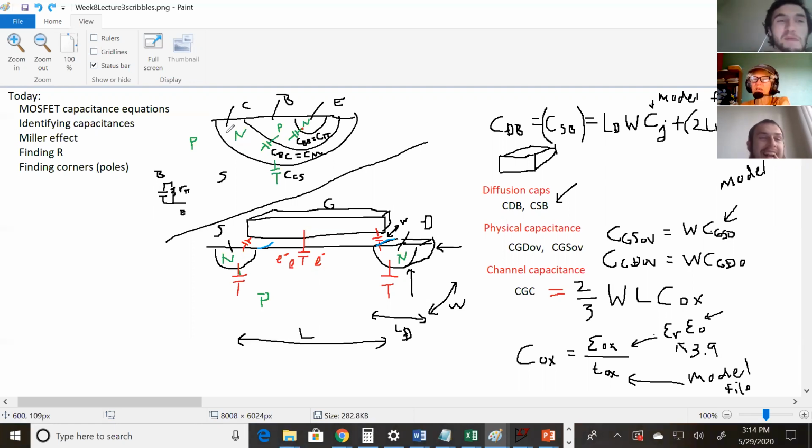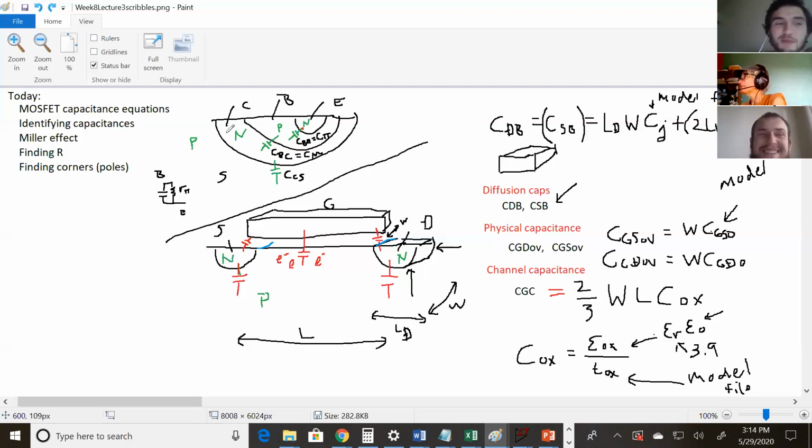And then the BE junction is forward biased, so it's conducting, but it takes some time for the electrons to redistribute themselves, and it looks like a capacitance. It acts like a capacitor, just like we've been using transistors as resistors, where it looks like a big resistor or a small resistor. Because of the time it takes for electrons to redistribute themselves, it looks like a capacitor.